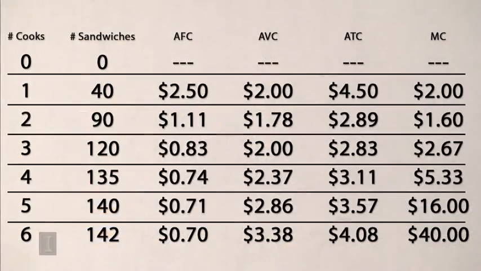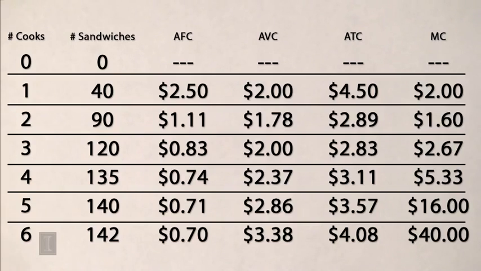Let's look at the numbers first. You see that the first cook increased output to 40 units, so the average total cost is $4.50 per unit. Then with 90 sandwiches with 2 workers, it's $2.89 per sandwich. And then with 3 cooks, which is 120 sandwiches, you have a cost of $2.83 per sandwich.